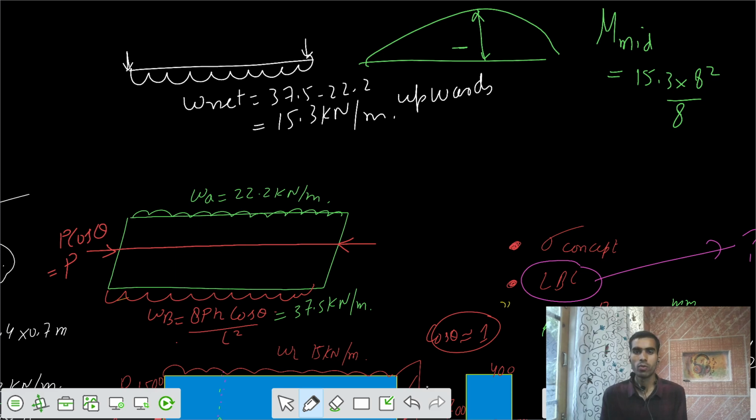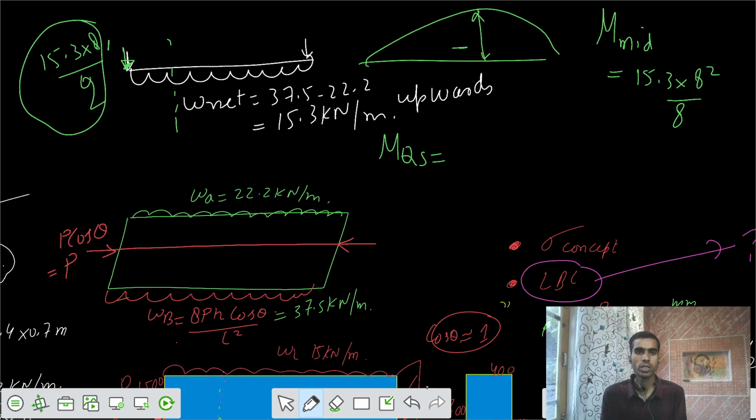And can you tell me what is the moment at the quarter span? Here the reaction is 15.3 into L by 2. What is the moment at this location?